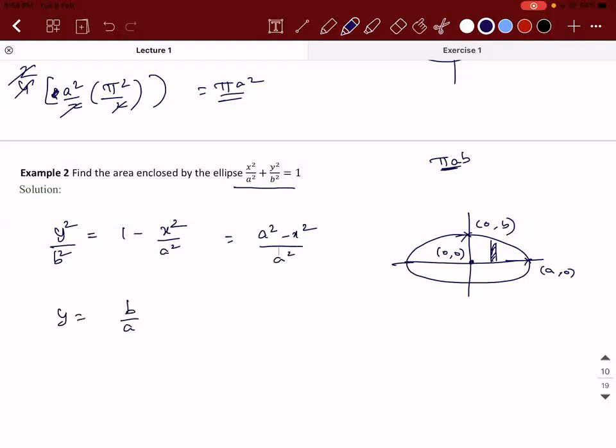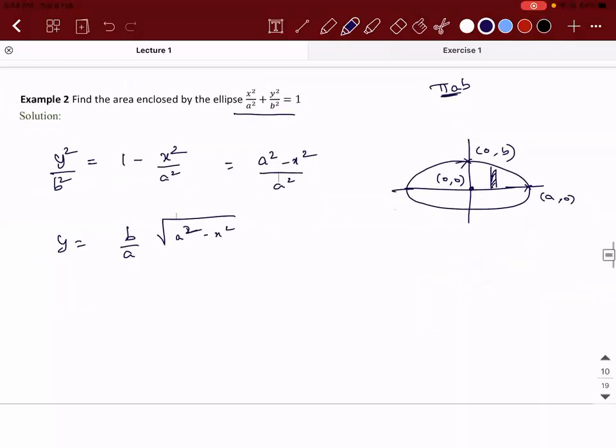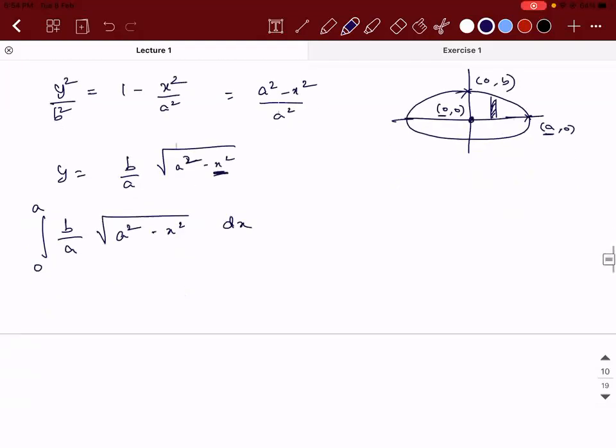So y will be equal to b by a into root of a square minus x square. Take the integral of 0 to a, so take the limits of the x coordinate. Integral of 0 to a of f of x. So b by a, f of x means very simple, man. In that you should have root of a square minus x square times dx.